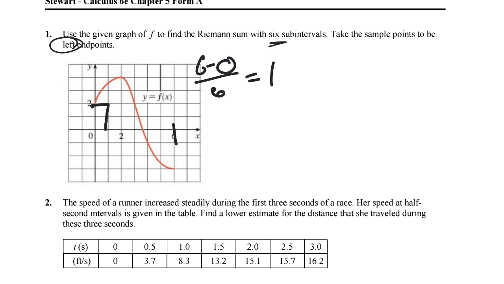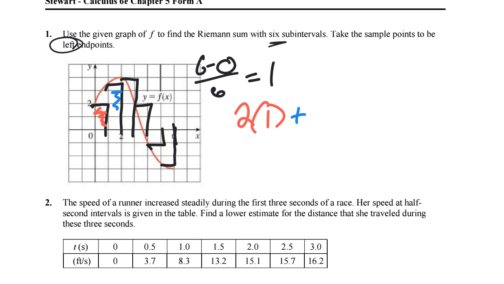And going from the left, we want to find the area of each of these boxes. All right, so area here, in the first one, the height is 2, and delta x would be 1, so 2 times 1.